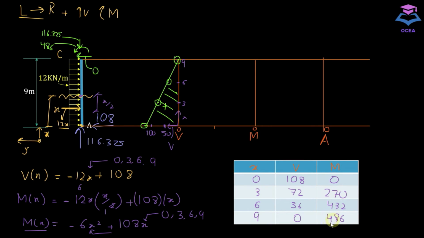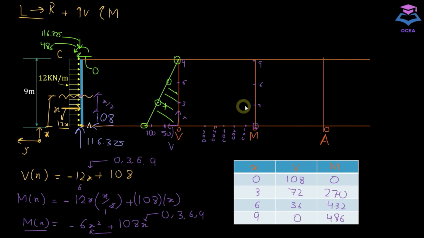Similarly, plot the moment diagram. The maximum value of moment goes up to 486. So let's mark the axes, keeping that value in mind. Similarly, this would be 3, this would be 6, and this is 9. At x equals 0, we have moment equal to 0.